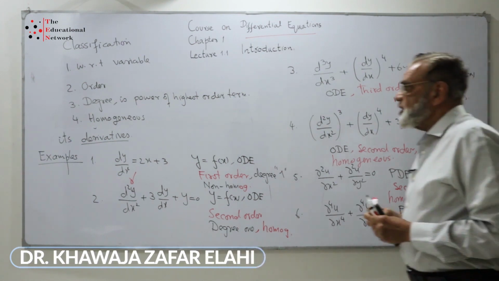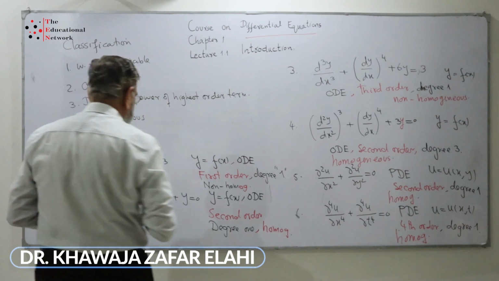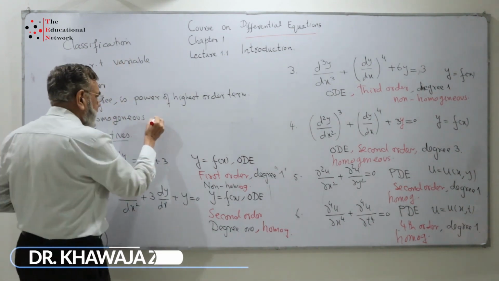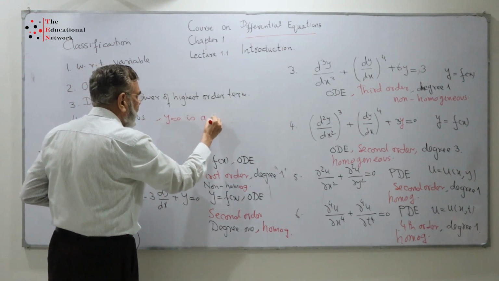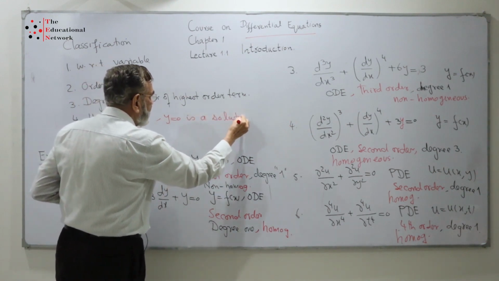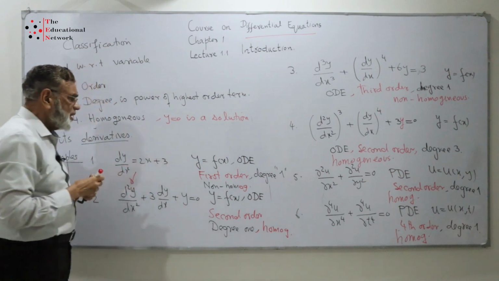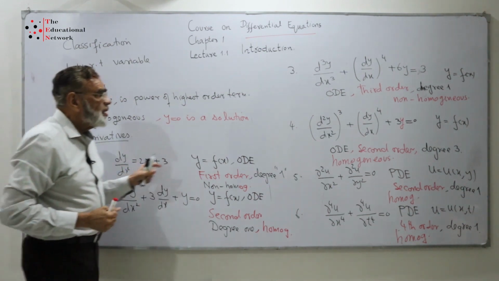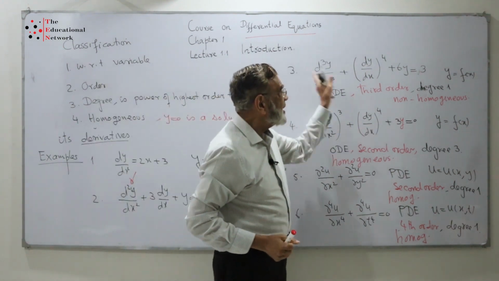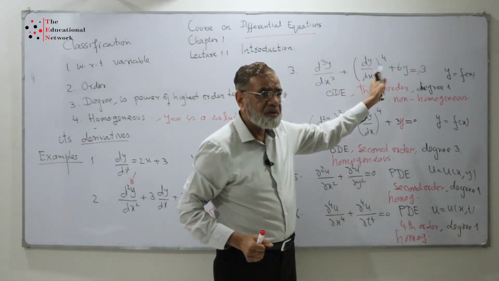For homogeneous equations, very interesting, y equal to 0 is a solution. This is another way of looking at it: y is present everywhere. Here, putting y equal to 0 gives a solution. But here y equal to 0 is not a solution.